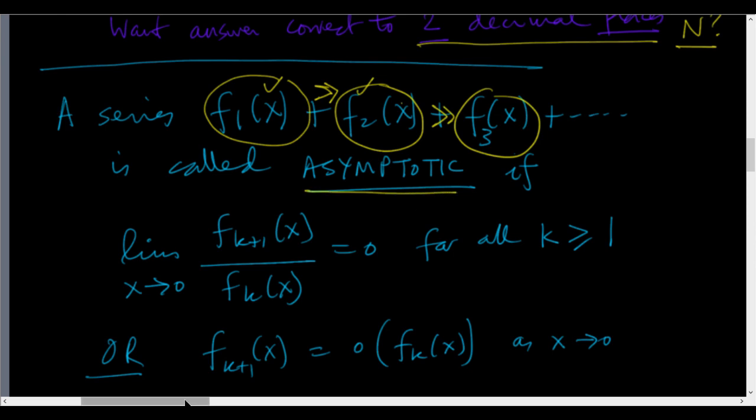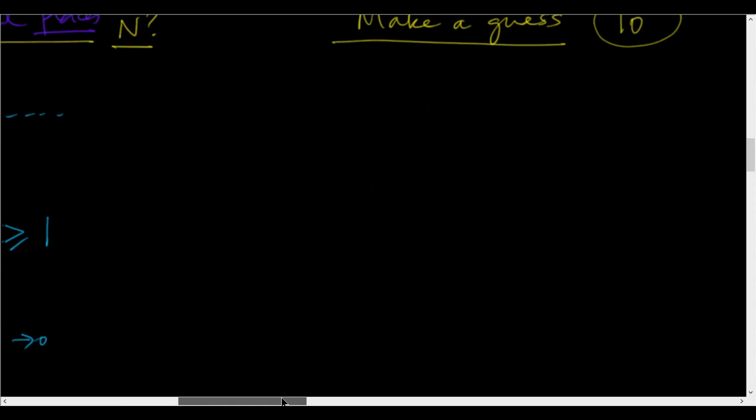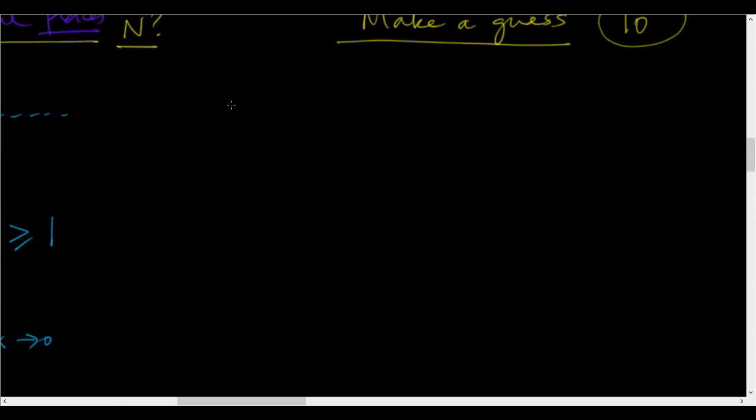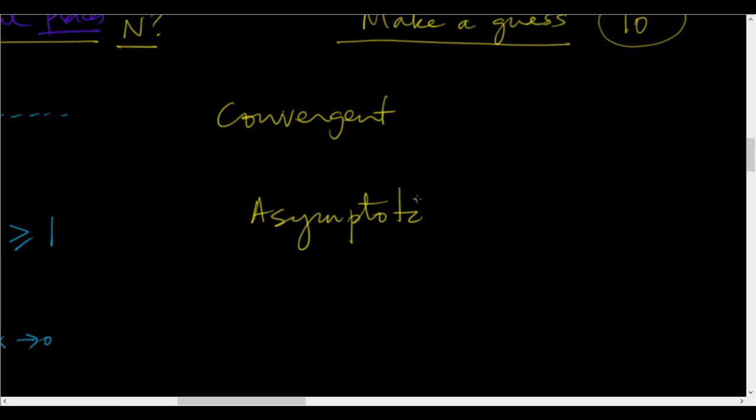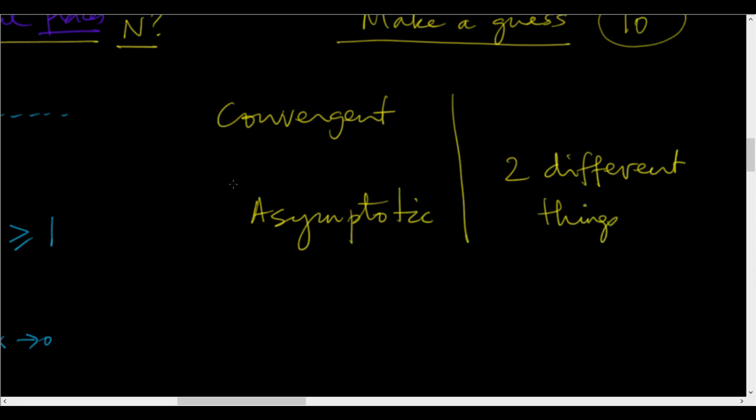A really important thing for you to understand is that convergent and asymptotic are two different things. Okay, so convergent series need not be asymptotic. Asymptotic series need not be convergent.